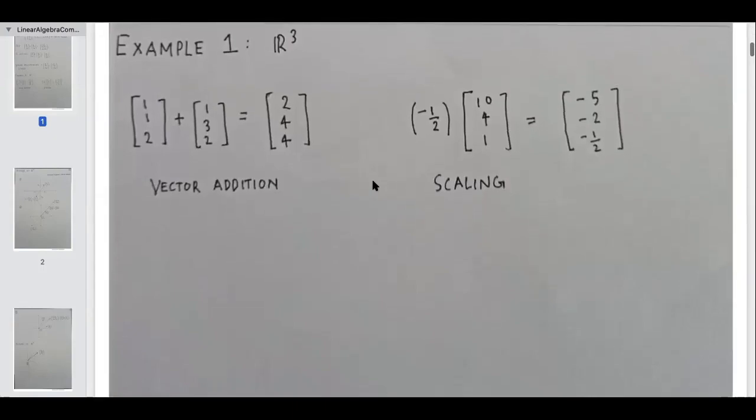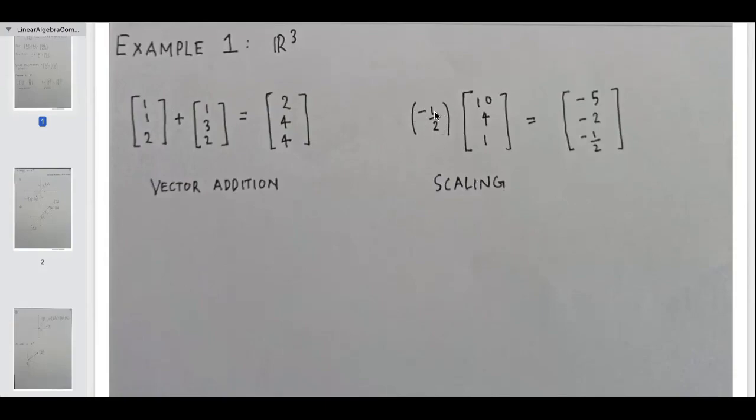Let's take the example of R3. Each vector has three components. The first example shows vector addition. So 1, 1, 2 plus 1, 3, 2. You just add component wise. So 1 plus 1 is 2, 1 plus 3 is 4, 2 plus 2 is 4. And we can scale by some number, say minus half.